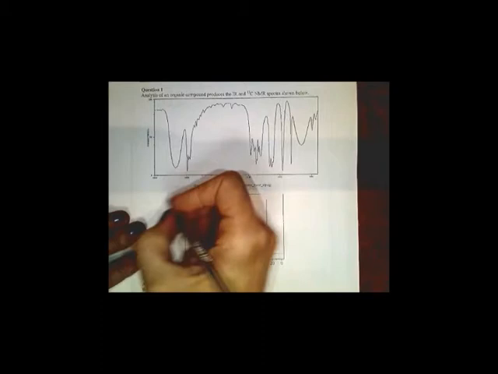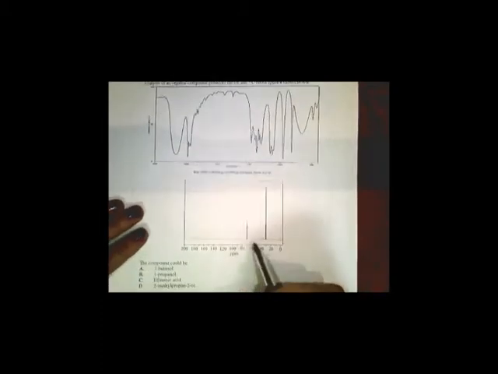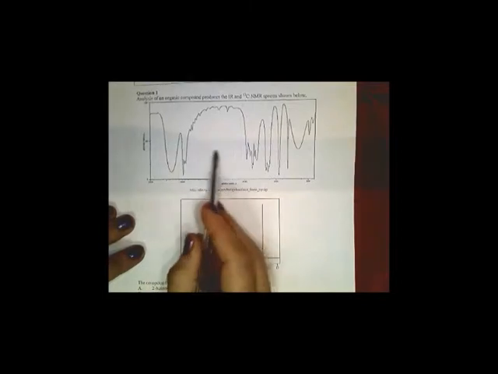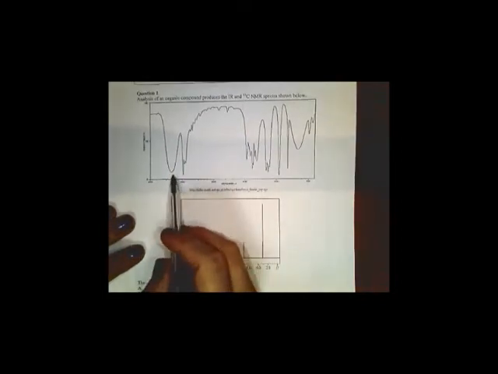So here we have infrared spectroscopy, and here we have carbon NMR, both of which have values in your data book. The way I would approach this question is, first of all, identifying functional groups through the infrared spectrum, because that's probably the easiest one to do.